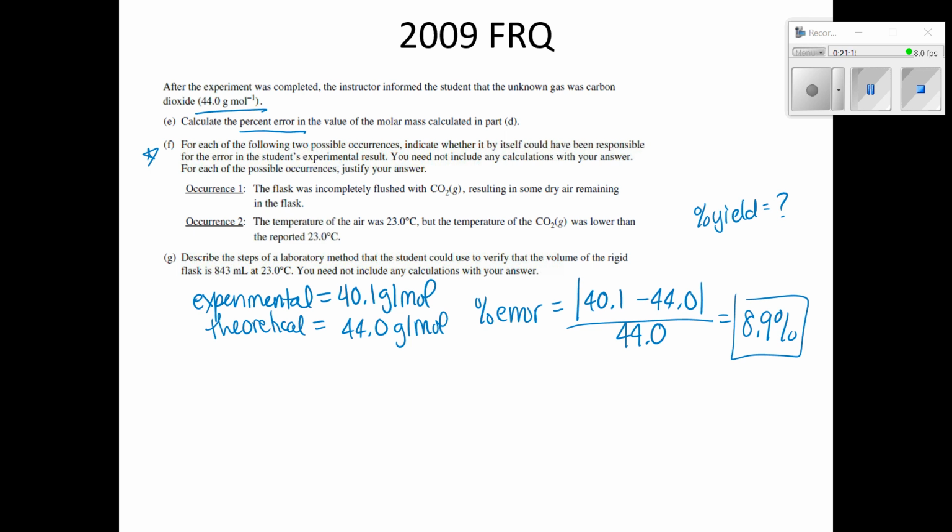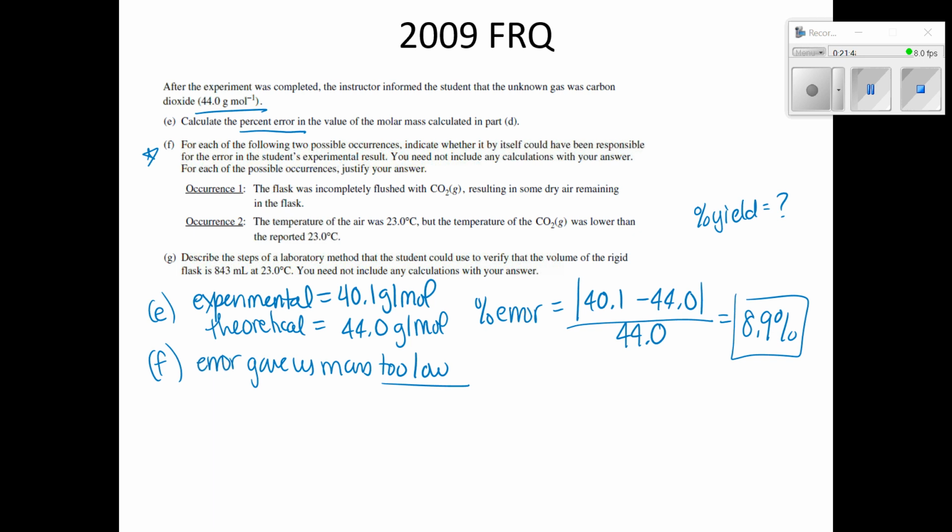And we're trying to decide whether these sources of error could explain what we noticed. And it's important for us to notice that our experimentally determined mass was too low. So our error gave us a mass that was too low, right? 40 grams per mole is smaller than 44. So you want to say, does this error fit with getting a mass that's too low? So this one could be responsible.